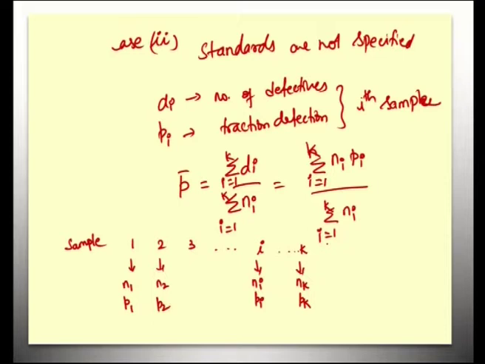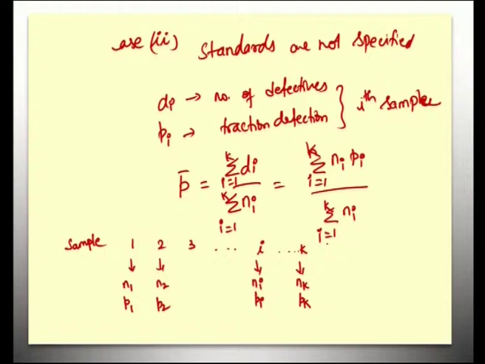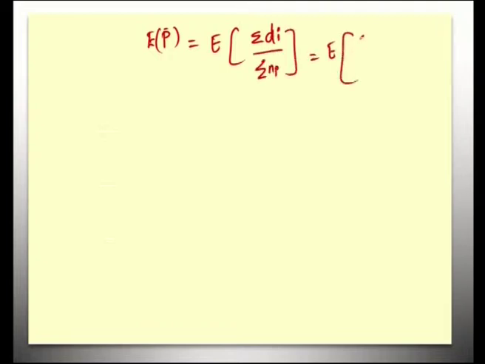Okay, what are we going to do with this P bar? We have to write the formula for CL, UCL and LCL of P when the standards are not specified. So we have the expectation of P bar, equal to the expectation of summation Di by summation Ni, or summation Ni into Pi by summation Ni, where i is equal to 1 to k, and this is nothing but the population proportion.